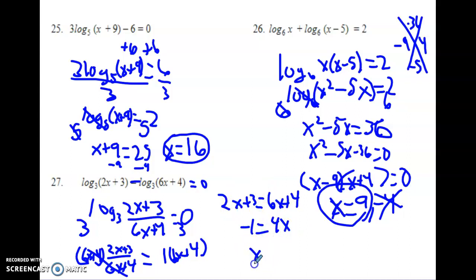Divide by a negative 4. x equals negative 1/4. Now let's just plug that back into these equations, see if we get any negative answers. And this would be negative 2/4 plus 3, you're fine there. This would be negative 6/4 plus 4. No, that would be a positive answer totally. So that is your answer.